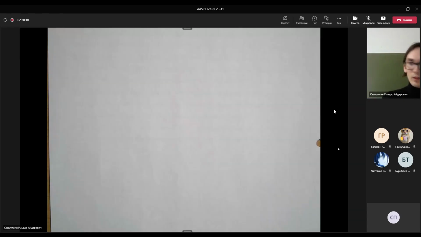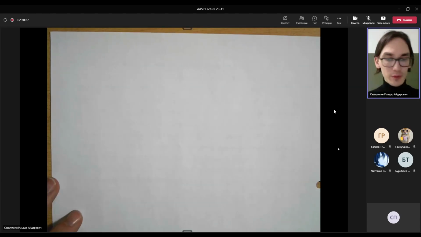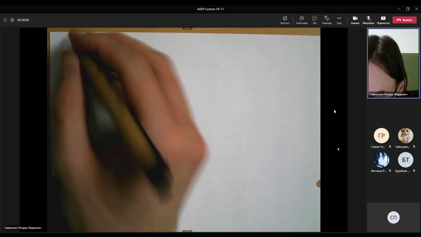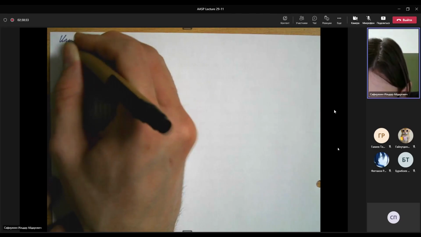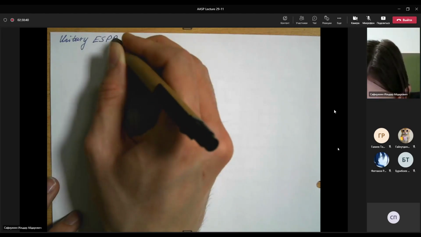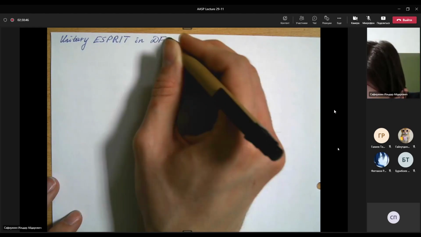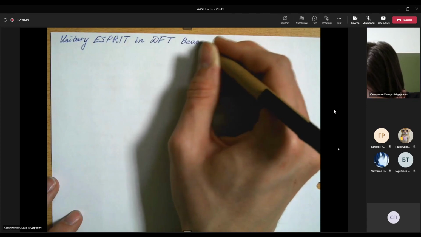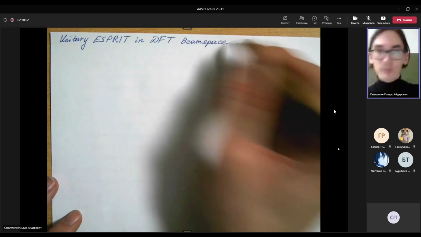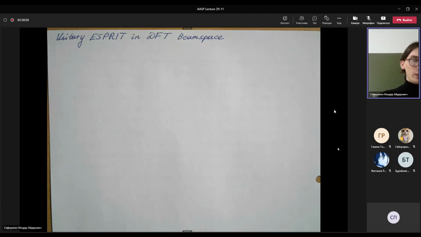So you can see beam space: we somehow create different beamformings.